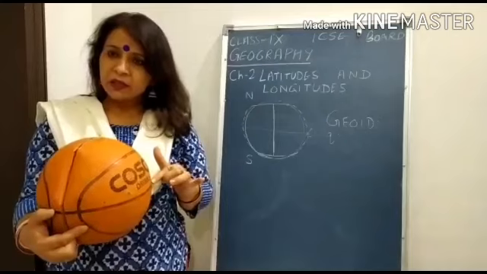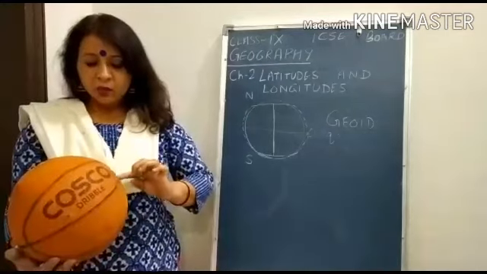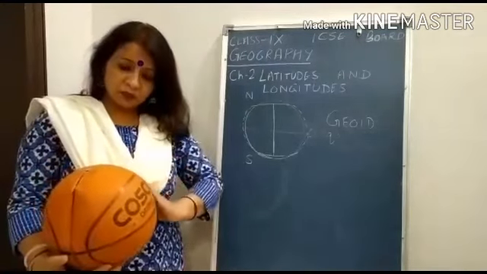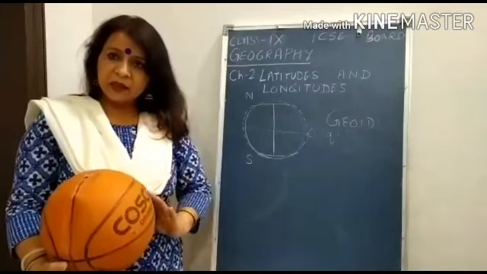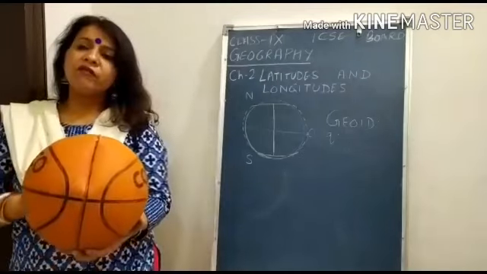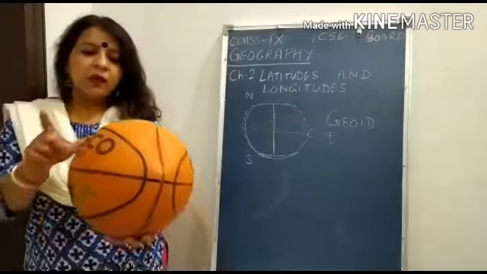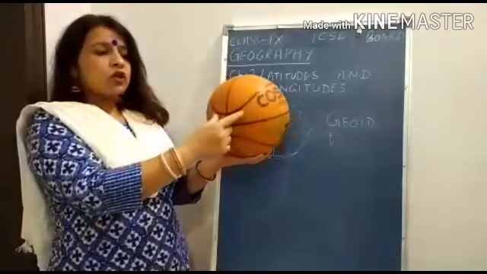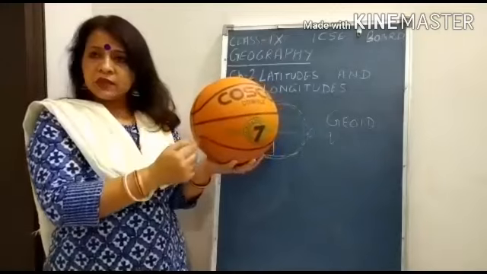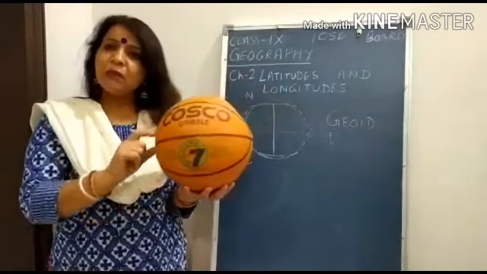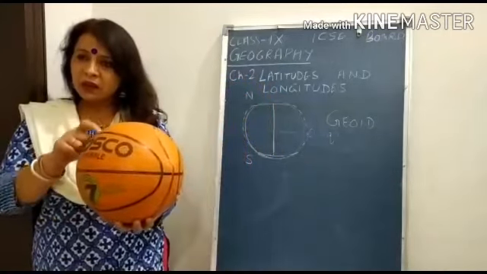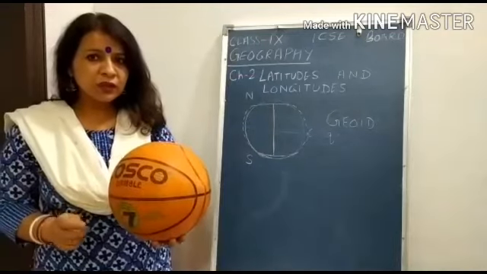Now 90 degree west, and moving towards the totally backside of the 0 degree prime meridian, we have the 180 degree meridian. Is it clear? And both the meridians are joining at 180 degree. So this is a demarcation point, a demarcating line. Is it clear, students?